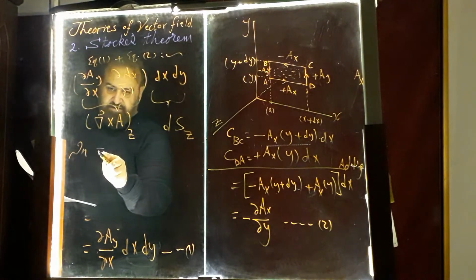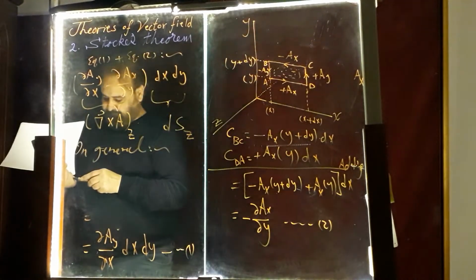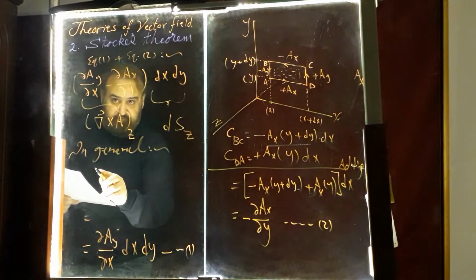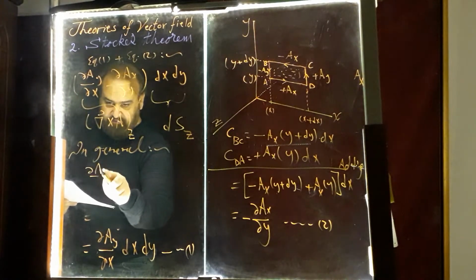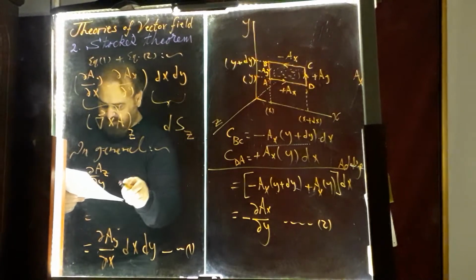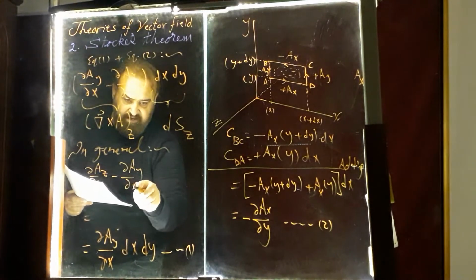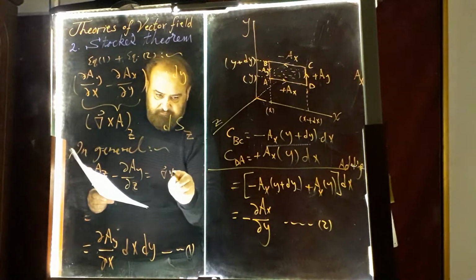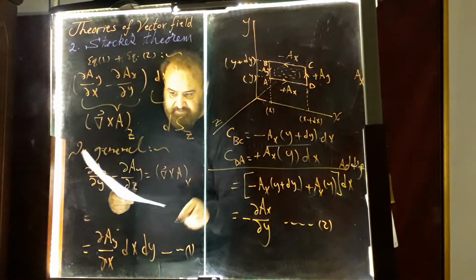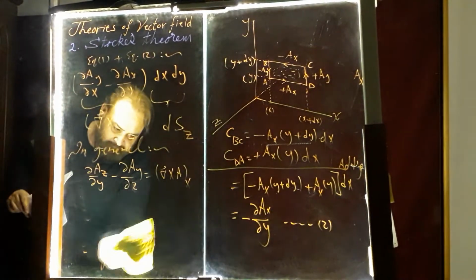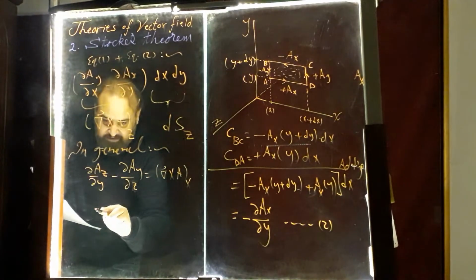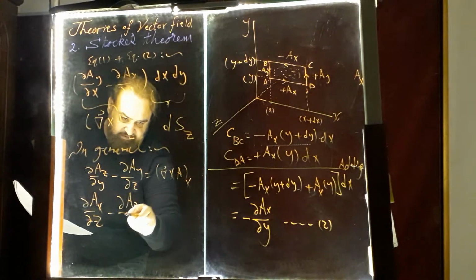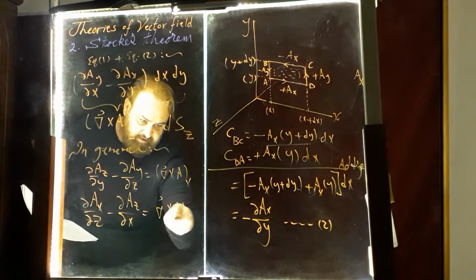Now, in general, I can say that the partial Az over partial y minus the partial Ay over partial z is the curl of A in the direction of x, and the partial Ax over partial z minus the partial Az over partial x is the curl of A in the direction of y.